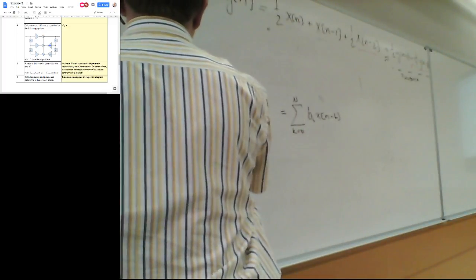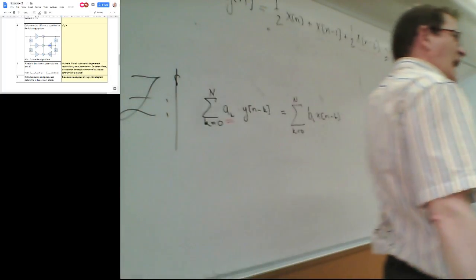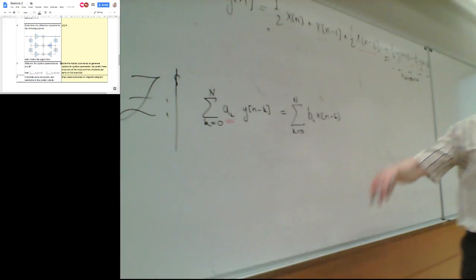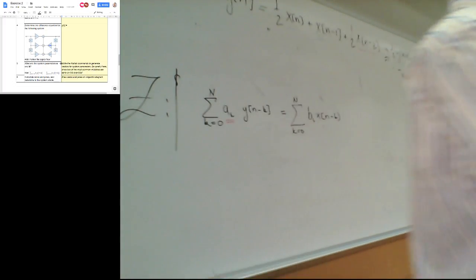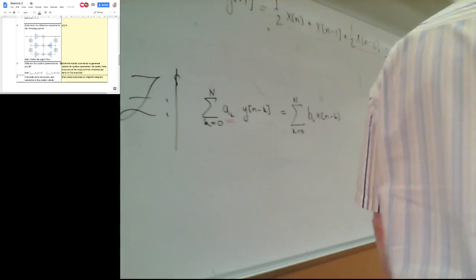We take the Z transform of both sides. Ouch. Z transforming the whole thing. Z transform is linear. And there's also the time shift operation for the Z transform.